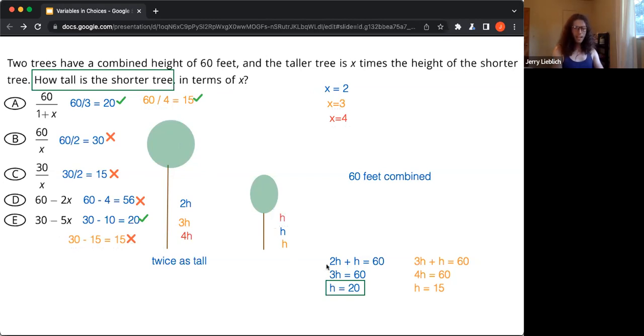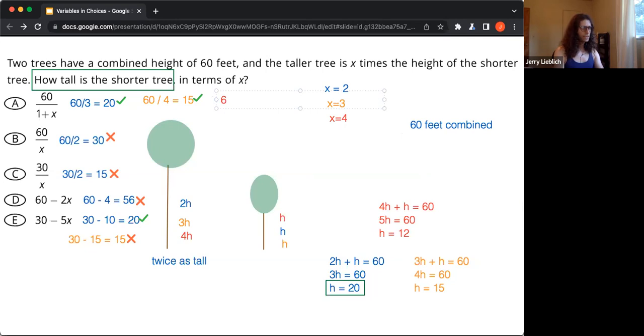This is becoming pretty time consuming. On the test, I would probably just take a guess and move on rather than work this out more, but let's do it. So I've got 4h plus h equals 60, 5h equals 60, h equals 12. All right, hopefully this will figure it out for me.